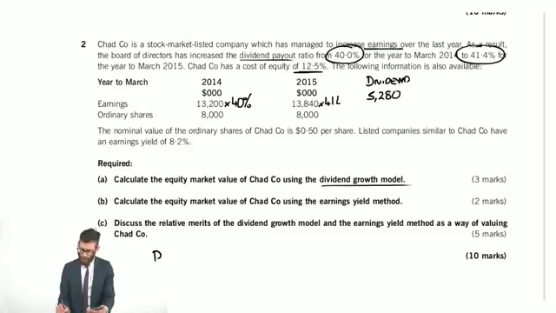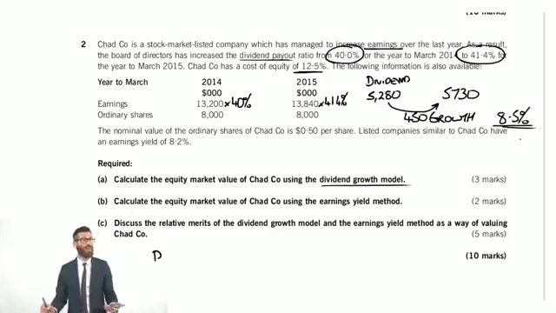Further, 41.4% meant that the following year, 13,840,000 times 0.414 was a dividend of 5,730, which means it's grown by 450 in percentage terms. 450 divided by 5280 gives us 8.5%.